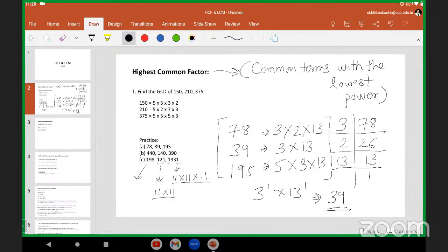Again, as we saw for 78, the divisibility rule, the trick I have shown you, that 7 plus 8, if the addition of the digits is a multiple of 3, that means it is divisible by 3. And similarly, when you look at this number 198 carefully, the alternate digits are 1 and 8.